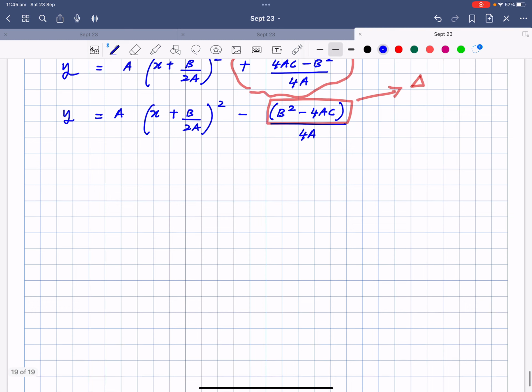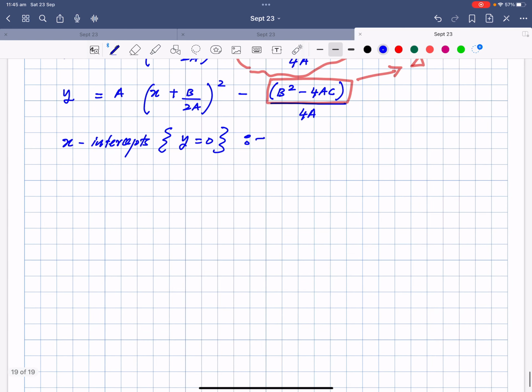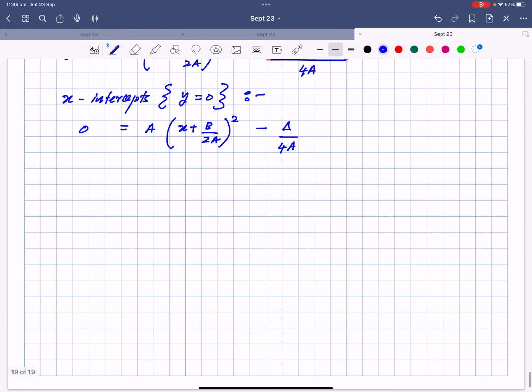Now, if you want to find the x-intercepts, right? X-intercepts. So we know that we get x-intercepts when y is equal to 0. So that means left hand side is 0. So a, x plus b divided by 2a, I'm just copying this, minus, I put delta here, it's easy for me to simplify. Then I'm going to organize this a little bit, right?